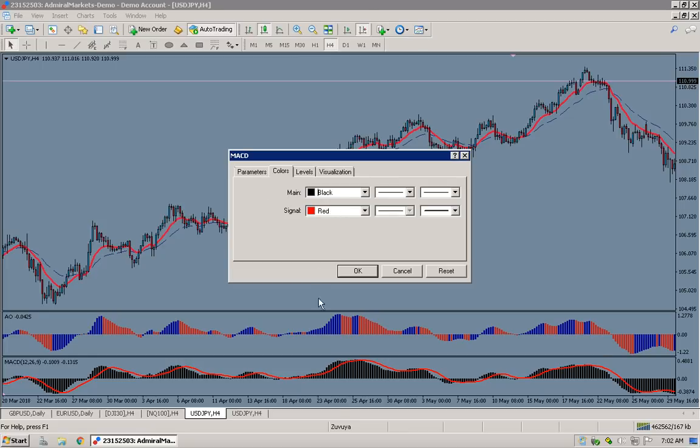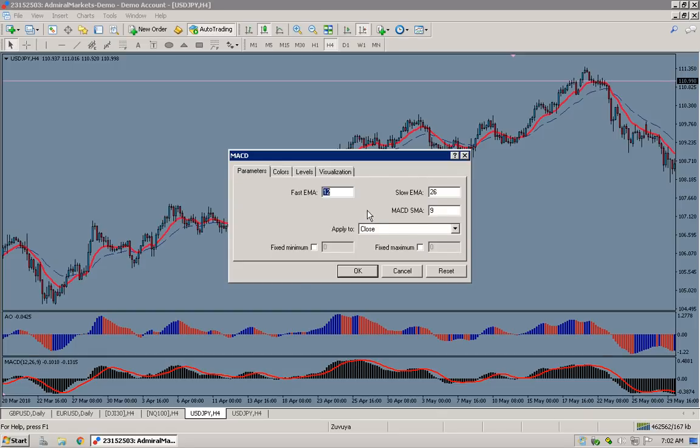You can change the colors of how this displays and how thick the lines are and all of that. Here you can change the settings. I've noticed that the settings you see here, 12, 26 and 9, are the standard classic settings. And I think when you click on reset, it brings you to them.